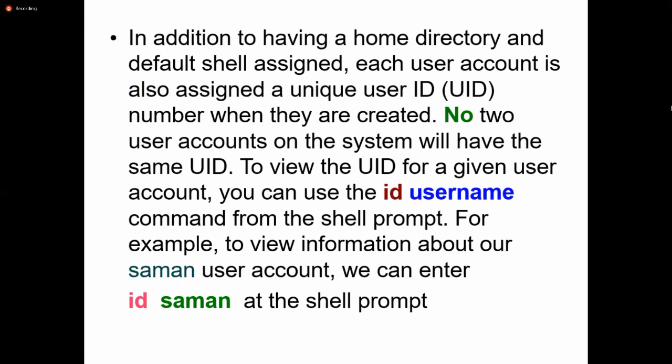So every user has a home directory, and a default shell is assigned to each user. Each user account is also assigned a unique ID. This unique ID number is generated when you create a new user.